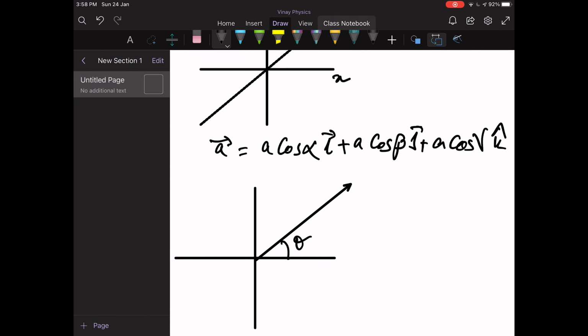If theta is the angle from x axis, in case of a 2-dimensional vector, the angle from the y axis will be 90 minus theta, because it is only in 2 dimensions.